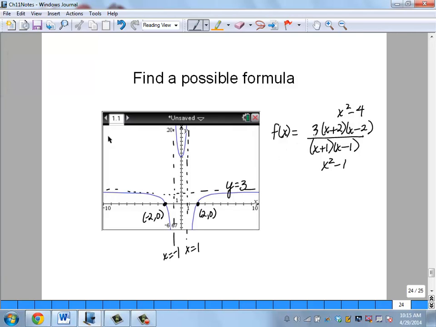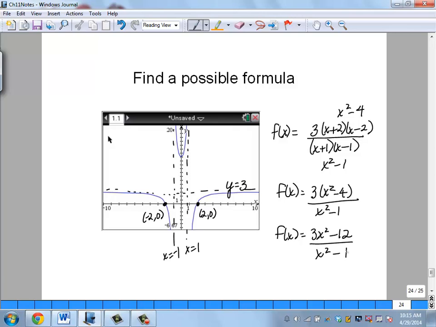So I'm going to stick a 3 in front of that, so I end up getting the function 3 times x squared minus 4 all over x squared minus 1. And that would be f of x equals 3x squared minus 12 all over x squared minus 1.